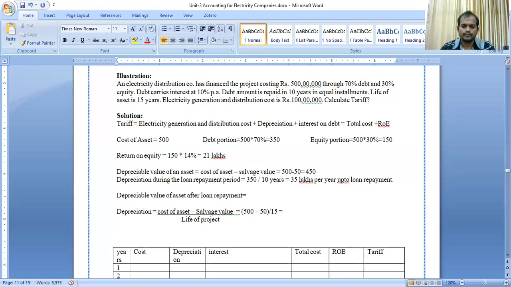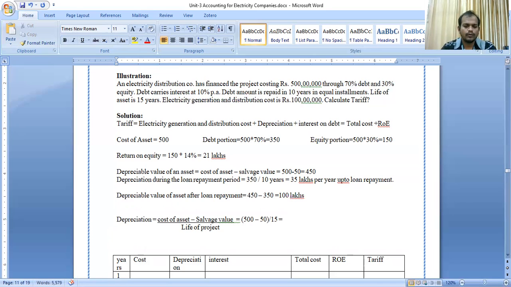Depreciable value, that is 450 minus 350 loan repayment. So it is 100 lakhs. So this 100 lakhs we have to provide depreciation for the rest of the life.